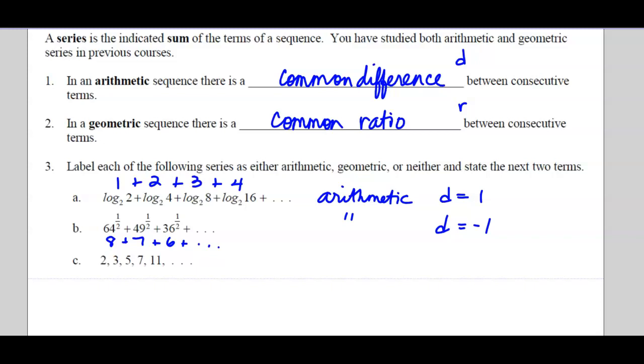I thought it was, but when I look here, 7 is not 3 plus 5. 11 is not 5 plus 7, so this is neither. And it's neither no matter what, but I thought we could actually be specific and label it in there too. Oh, I forgot to look closely.